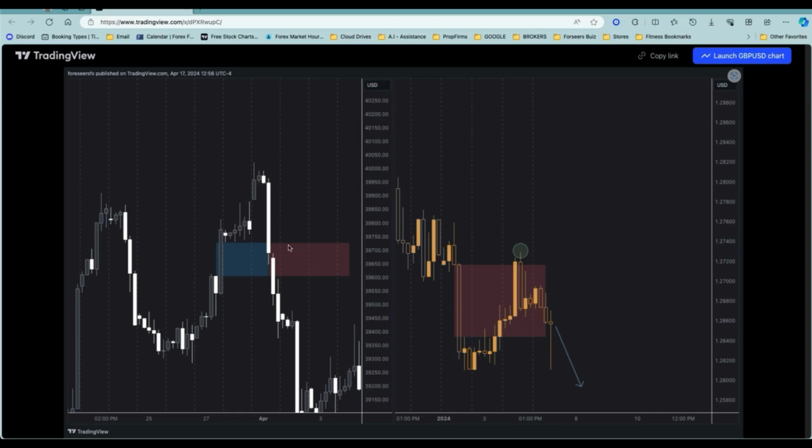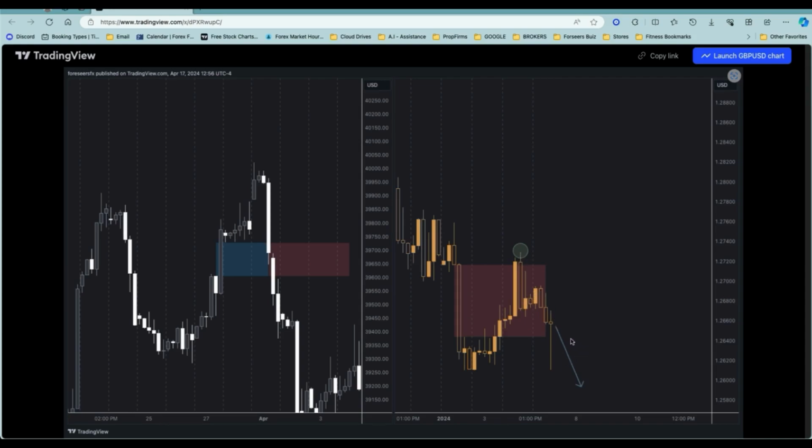Either way, it broke through it, and as you can see, price broke this structure down here, causing a change of character. But if you go over here on this example, you'll notice price barely broke through it, and after it barely broke through it, the next candle was actually a bearish candle, as you can see here. Then price started going back down.